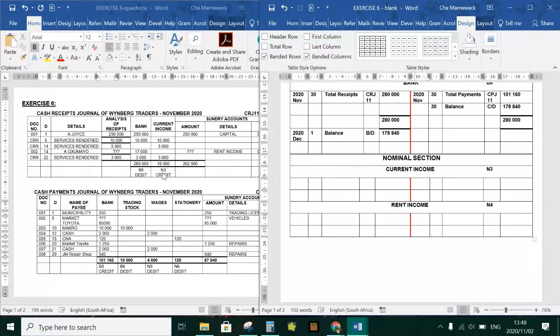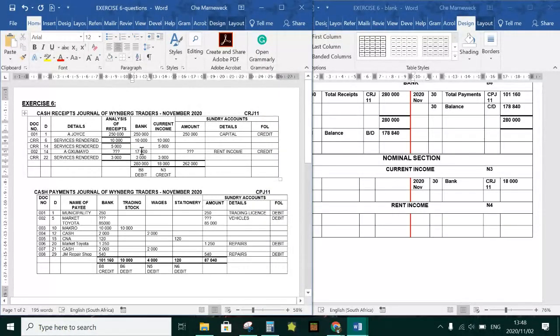And then look at current income. It's a column, so it's the last day of the month. Credit side, 2020, November 30th, bank, CRJ11, and the total of that column is 18,000. And to rent income, we have to work it out.